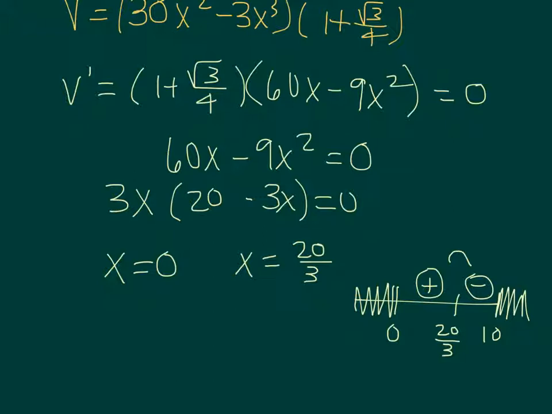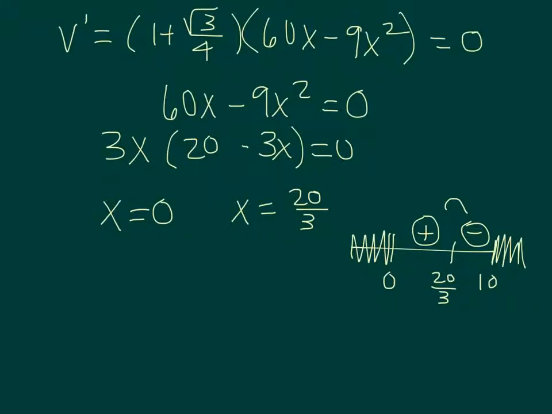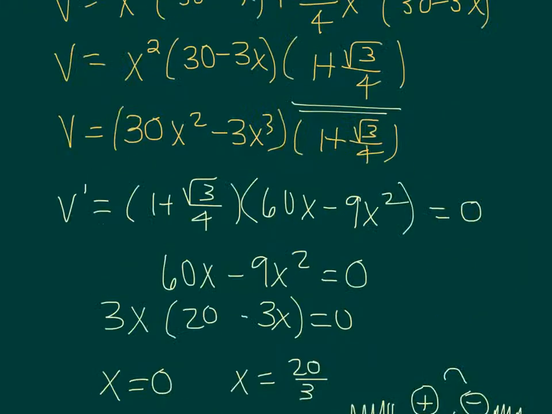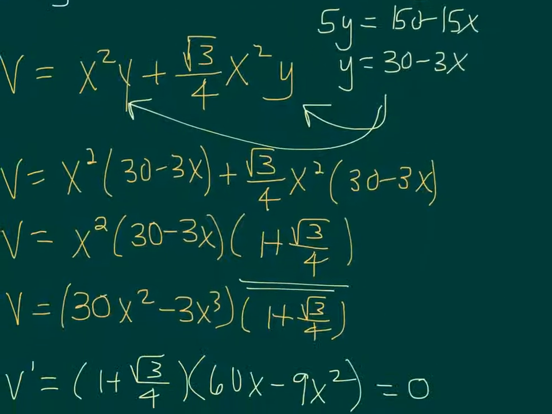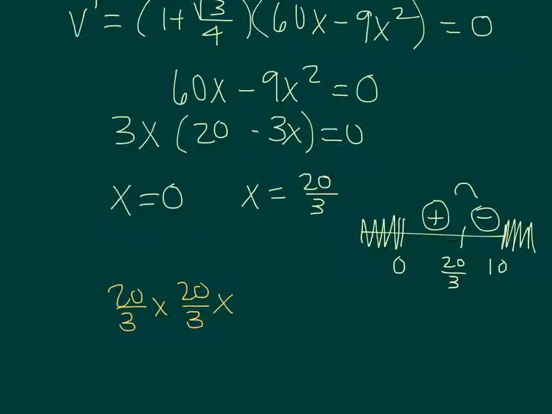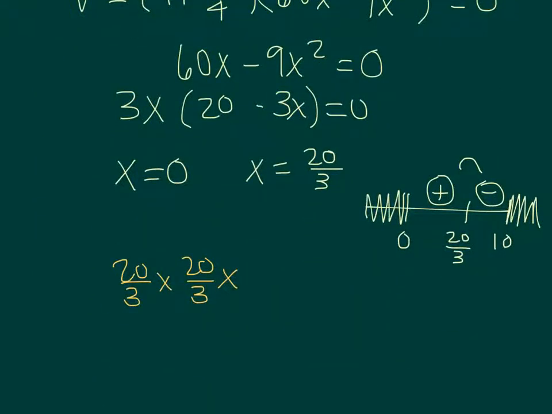So when x is 20 thirds, and the other x is 20 thirds, and the y, let's go back to the top, y is equal to 30 minus 3x. So 30 minus 3x is going to be 30 minus 20, which is 10.